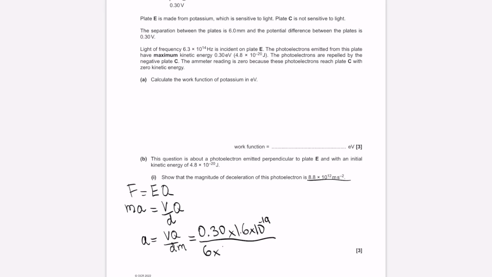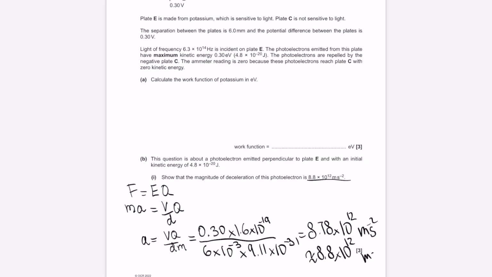So be careful with the units: 6 times 10 to the power of minus 3, multiplied by the mass, 9.11 times 10 to the power of minus 31. Plugging this into a calculator, we are going to get around 8.788 times 10 to the power of 12 meters per second squared, which is about 8.8 times 10 to the power of 12, and we've successfully shown this.